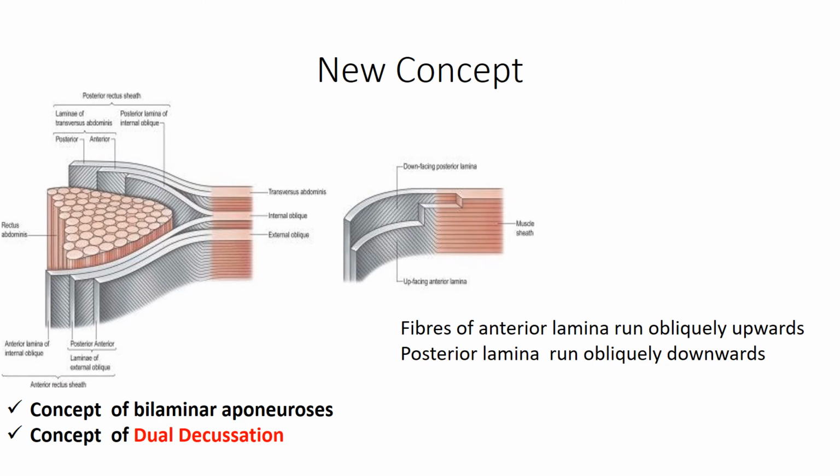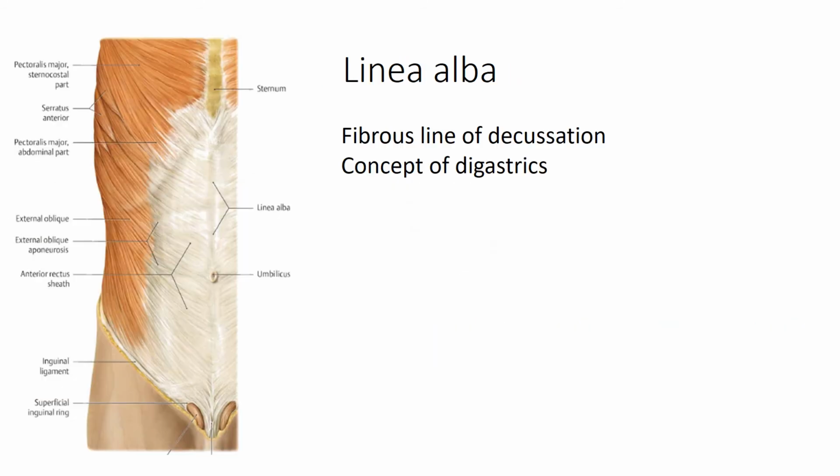So that is the concept of the dual decussation. The crossing is from left to right or right to left, as well as from anterior to posterior. So that's why this linea alba is the line of decussation rather than merger.